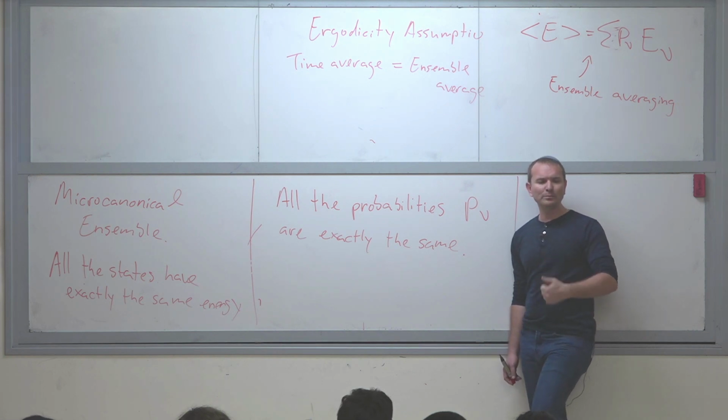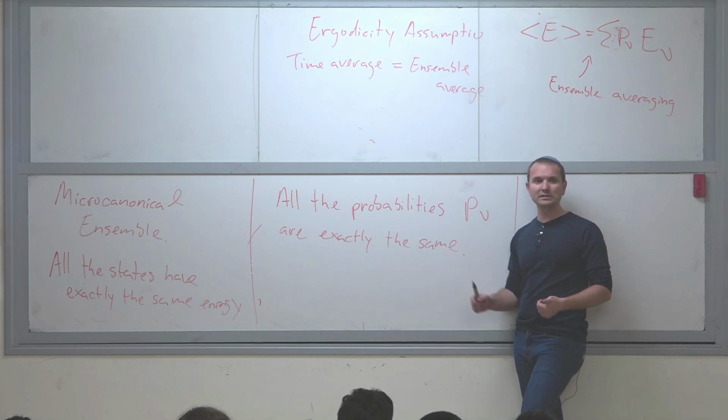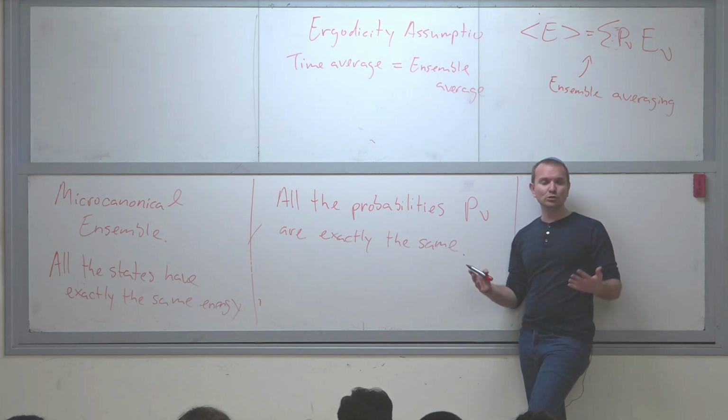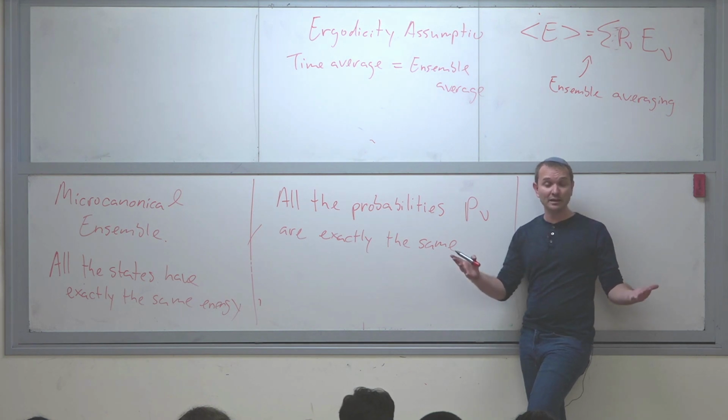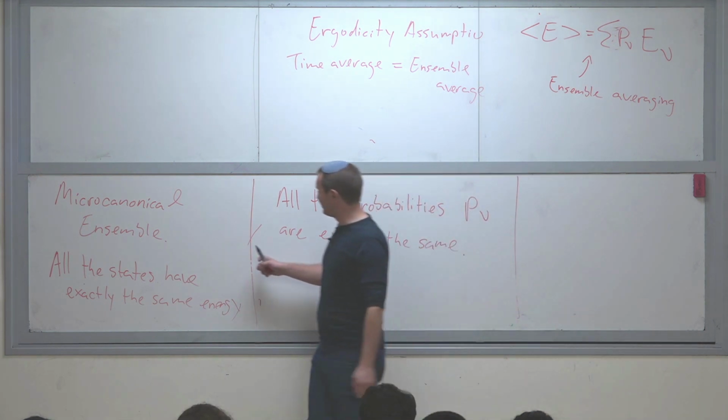So application of any constraint for this microcanonical ensemble decreases the total number of states in my ensemble, because suddenly not all the states satisfy this constraint anymore.